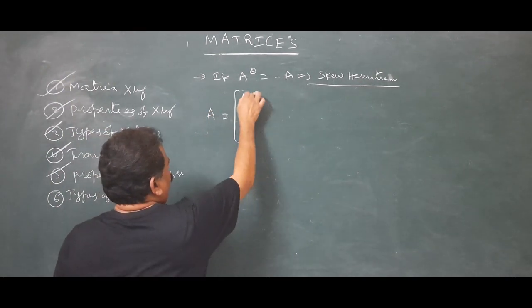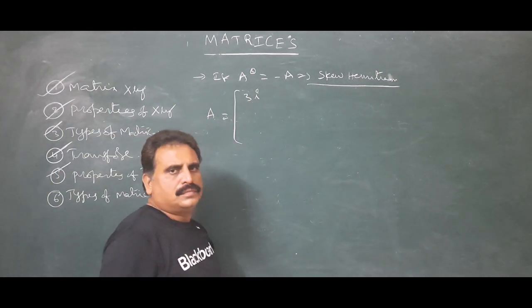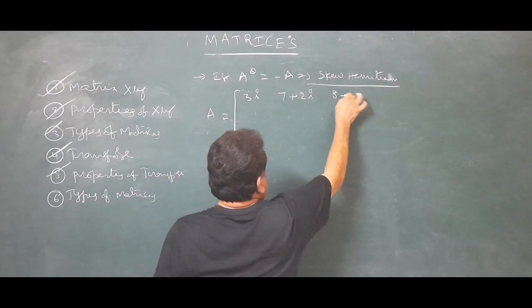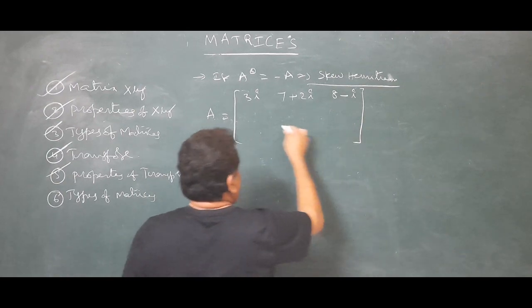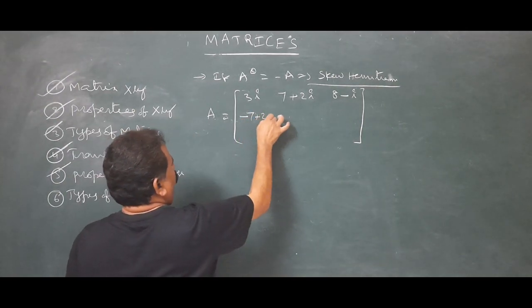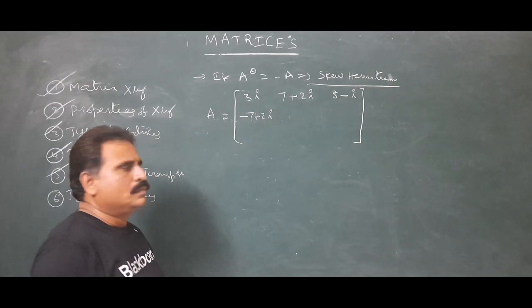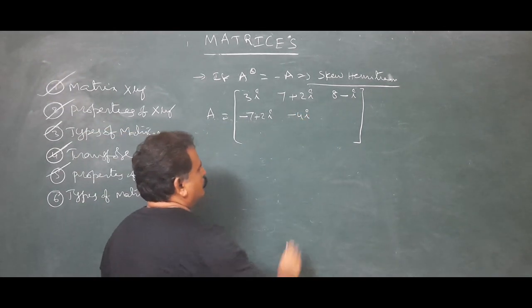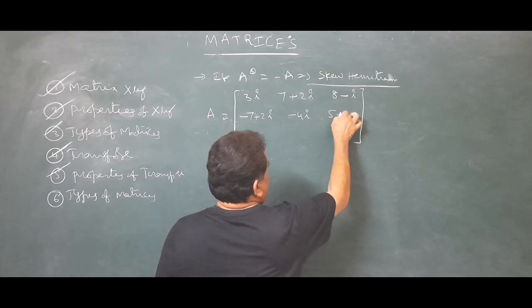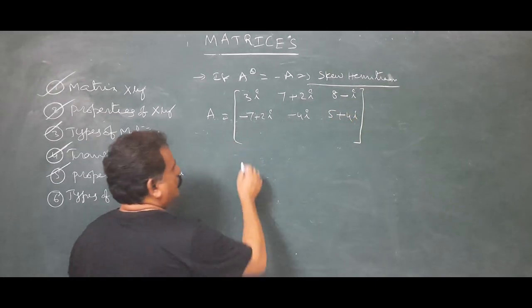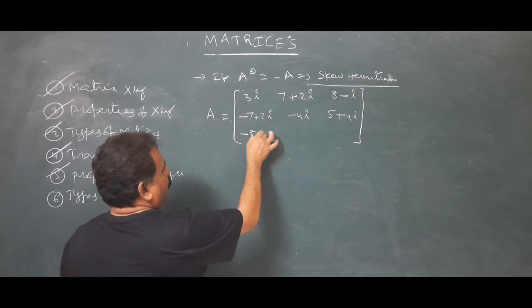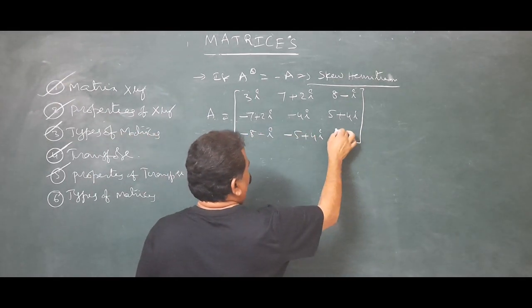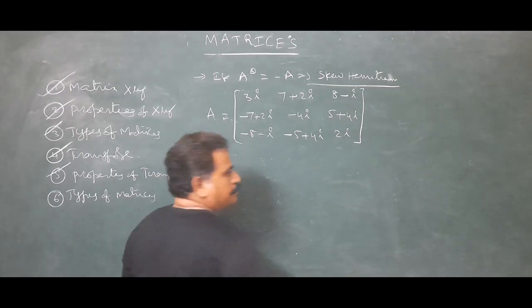A equal to [3i, 7 plus 2i, 8 minus i; minus 7 plus 2i, minus 4i, 5 plus 4i; minus 8 minus i, minus 5 plus 4i, 2i].